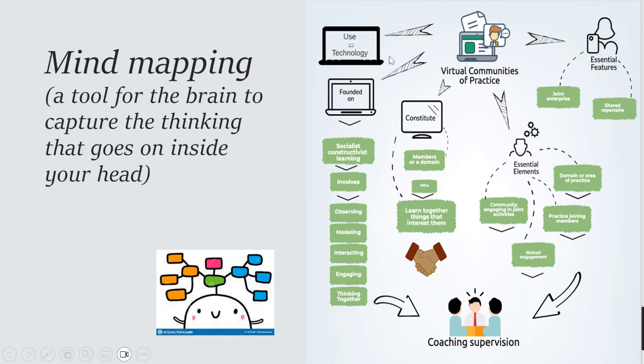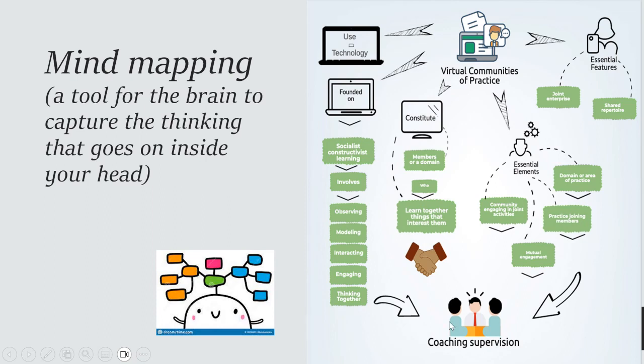Now, those might be broad categories or themes, and then you might list the codes or the categories. Say, for instance, when you look at virtual communities of practice, where it was founded on, you might have subcategories such as constructivist learning.